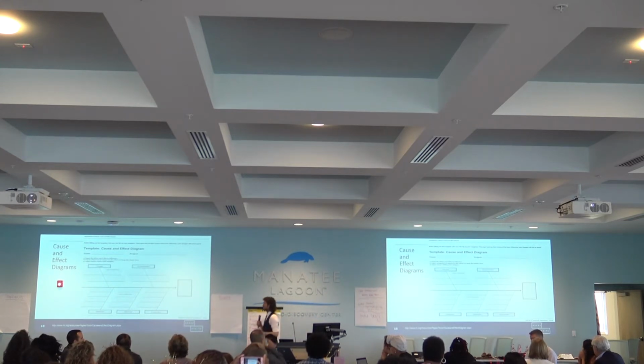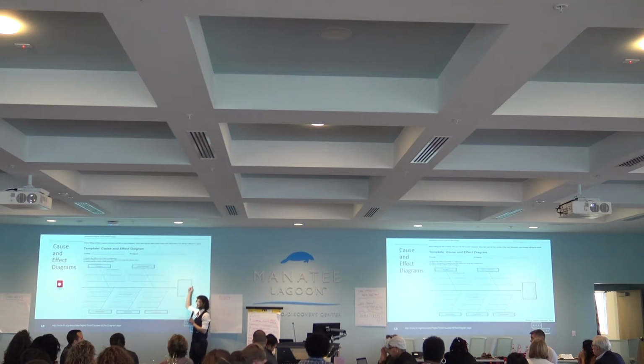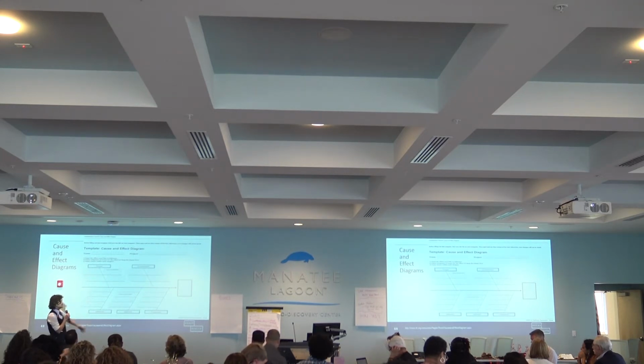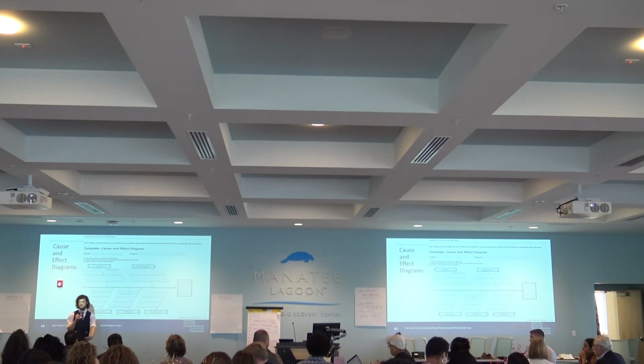A fishbone diagram is called a cause and effect diagram because we put what we want to happen here. This is the ideal future state, or the problem statement. You can do it either way. And what you want to do then is look at what is contributing to that from a cause standpoint. So let's take an issue like mental health screening. We want to improve mental health screening so that we screen as many people for mental health as possible among our patients.